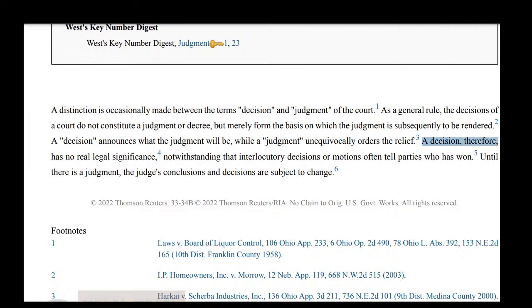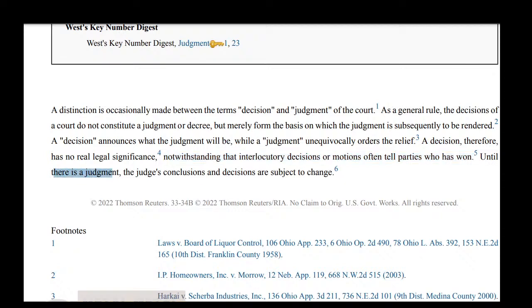A decision, therefore, has no real legal significance, notwithstanding that interlocutory decisions or motions often tell parties who has won. So, of course, this is in between the actual proceedings. They'll probably have motions and decisions letting you know where the case is going and to get prepared for calculating reliefs.